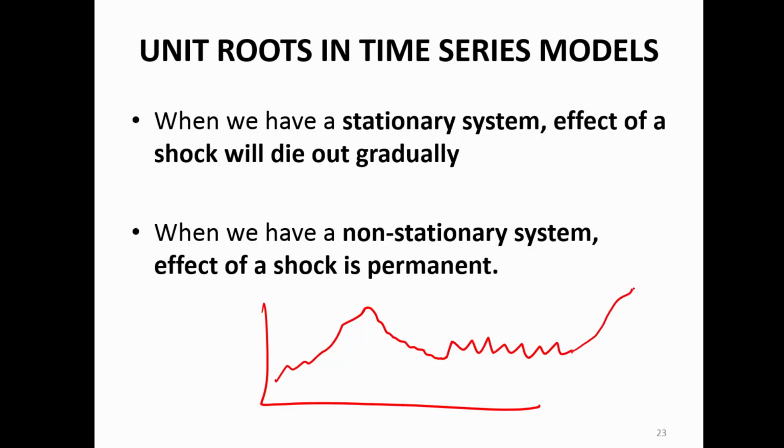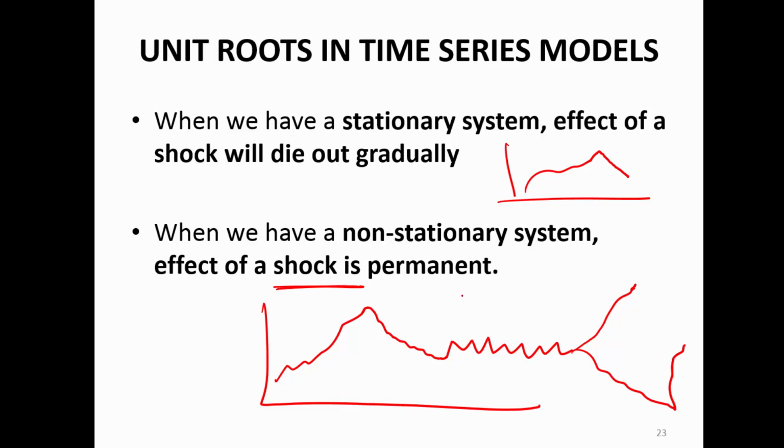Even if there is a downward shock, it will again come back. But that's not the case in a non-stationary system. In a non-stationary system, if something goes up, it never comes down to the mean. It never approaches the long run mean.